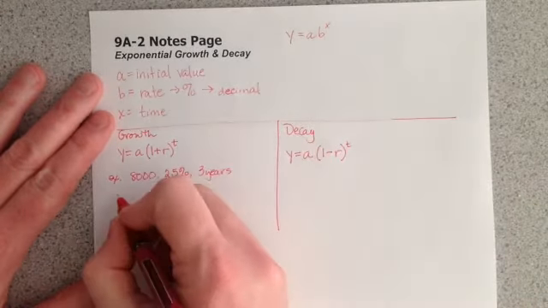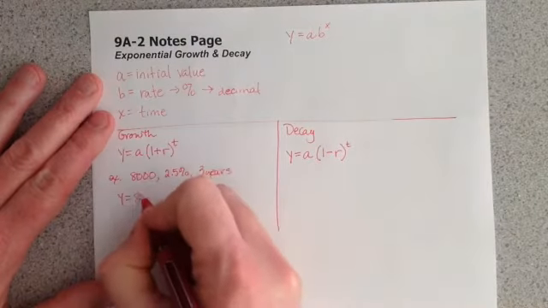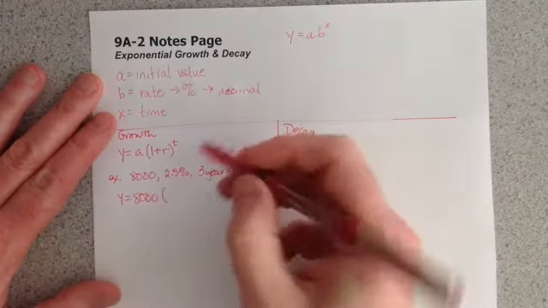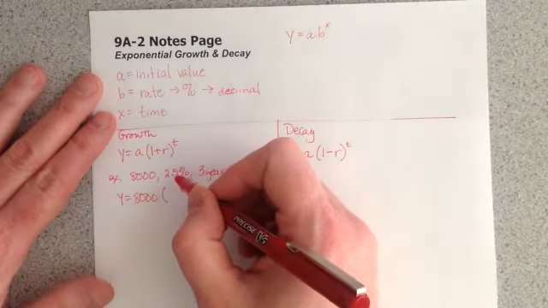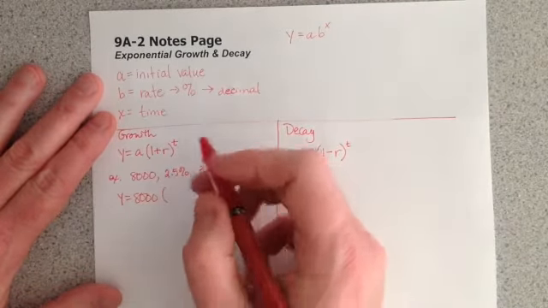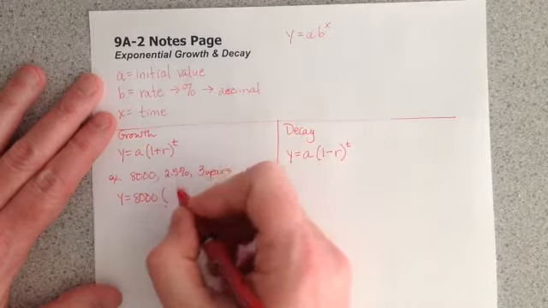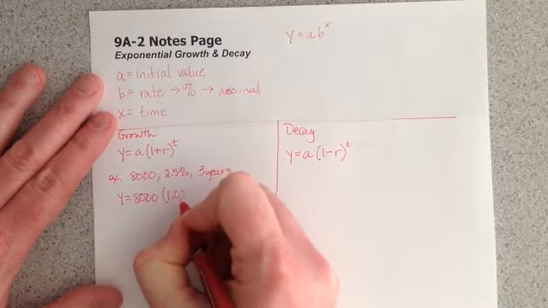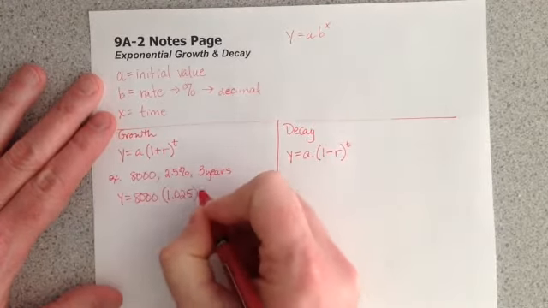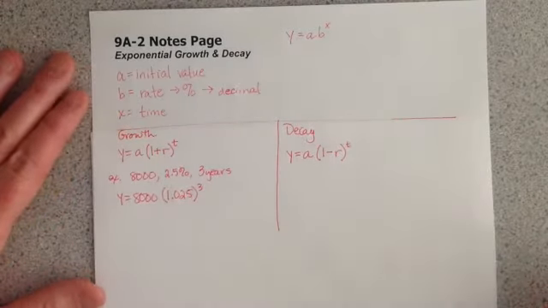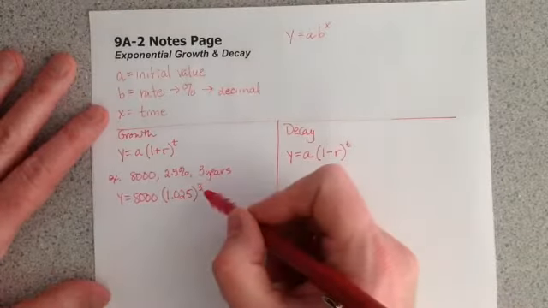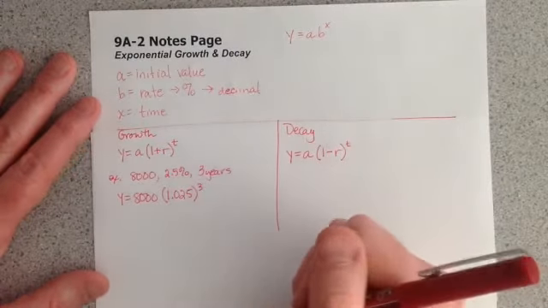So I would plug this in. y equals a is the initial amount, 8,000, times the quantity of 1 plus r. Well, r is 2.5%. I have to change that to a decimal, so that would be 0.025, so it would be 1.025 raised to the third power. And then I just plug that into my calculator, and that would give me the growth, or the amount of money I would have after 3 years.